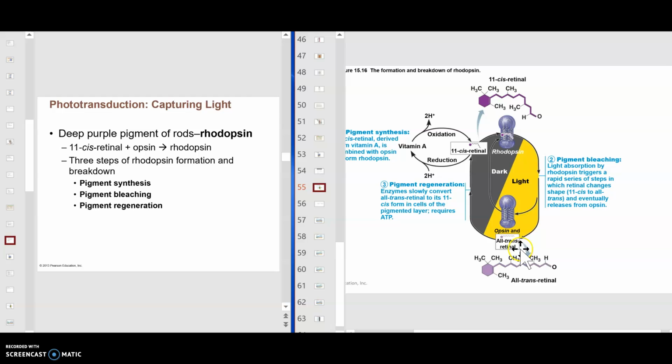Now, what will then happen is that enzymatic conversion will eventually take it back to become 11-cis-retinal. And that activity involves an enzyme that will cause that to occur, and also the use of ATP.